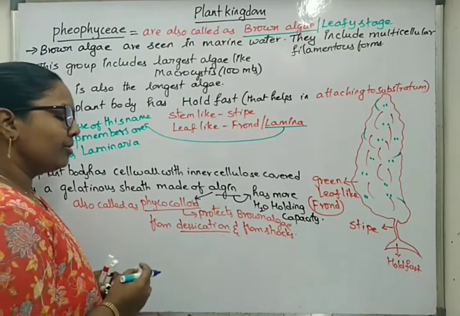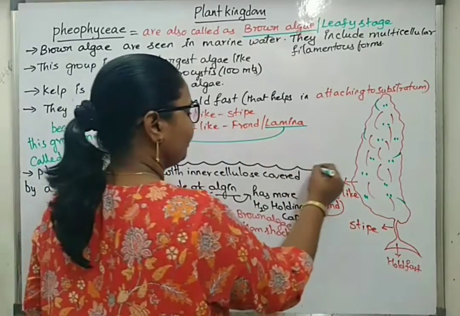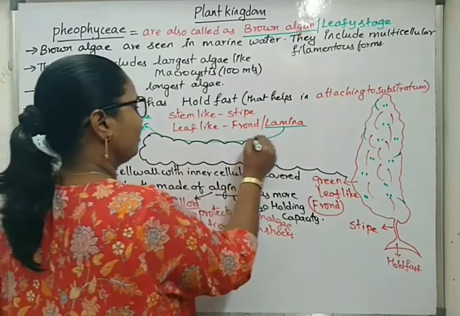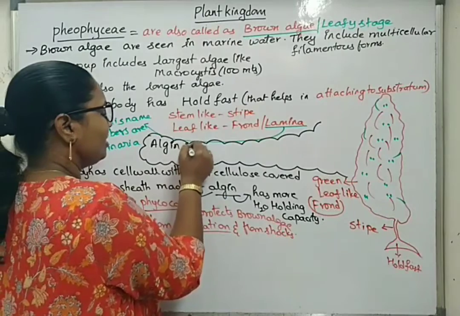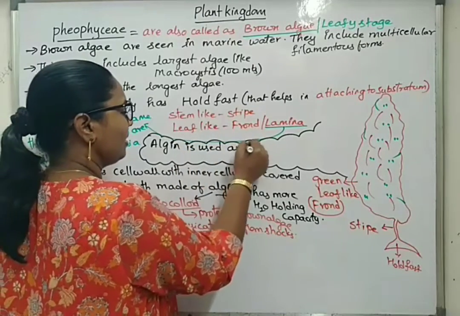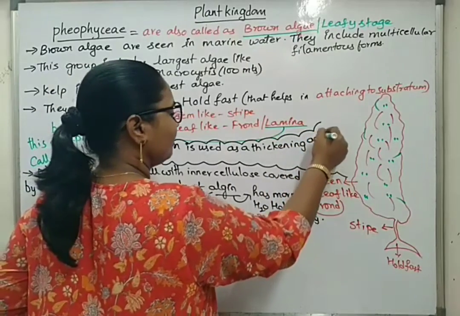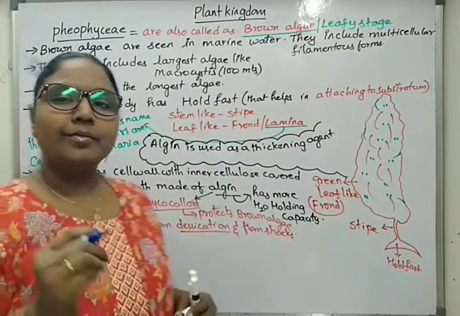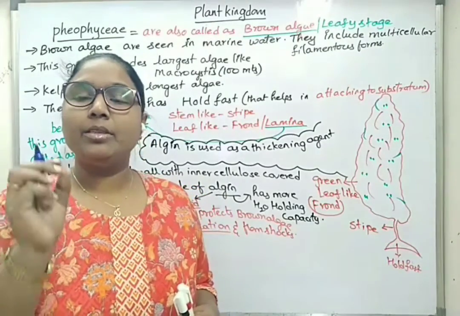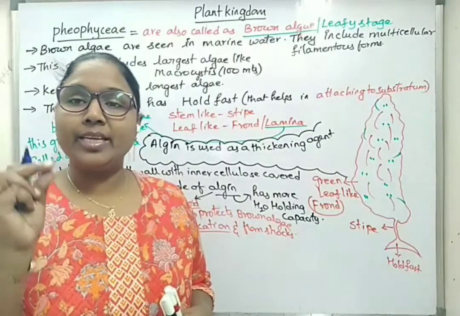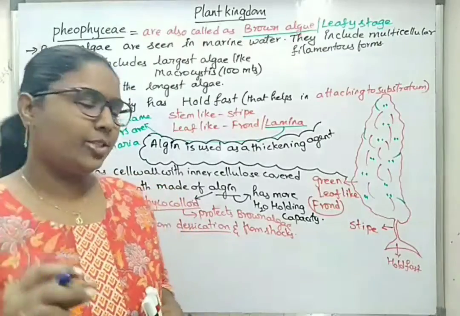In general, we use algin as a thickening agent. We'll write that one here. Algin is used as a thickening agent. While fixing new artificial teeth, during the dentary measurements, means while measuring the size of the teeth, this algin is used.